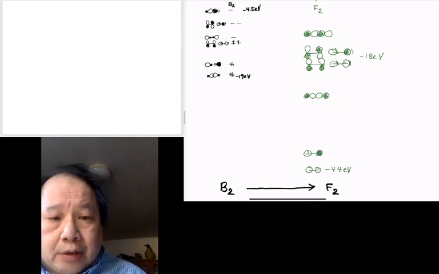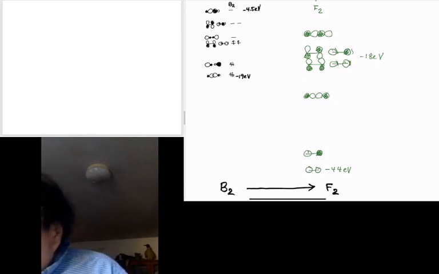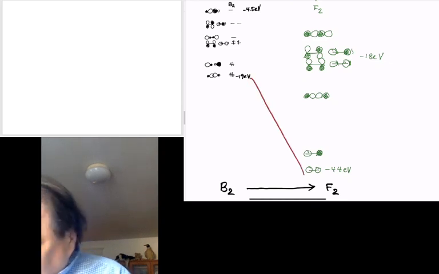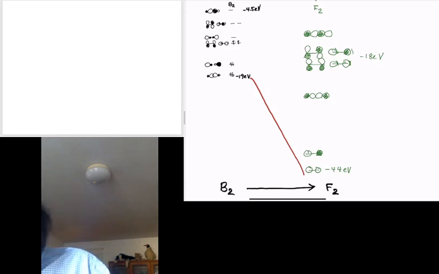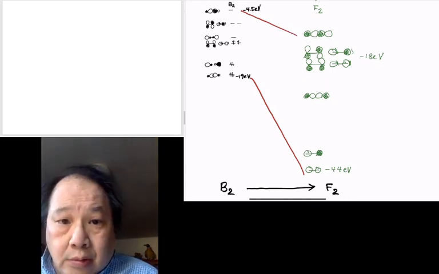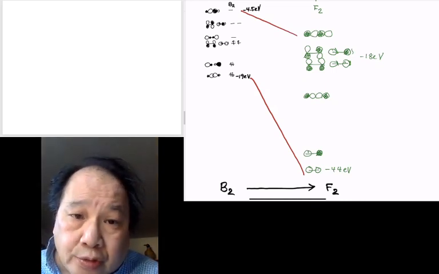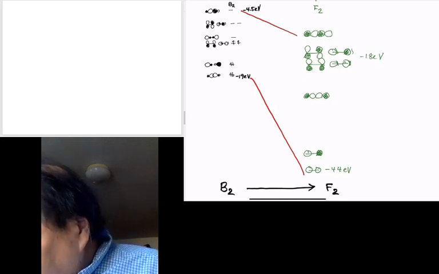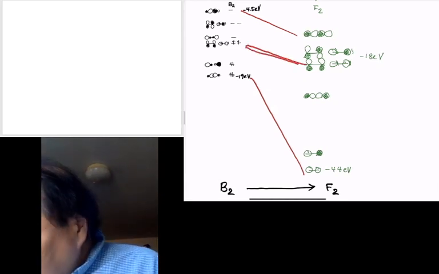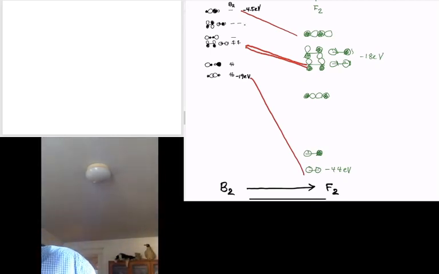The most bonding B2 orbital must turn into the most bonding F2 orbital. The most antibonding B2 orbital must turn into the most antibonding F2 orbital. The pi orbitals from B2 are going to turn into the pi orbitals from F2. The pi star will turn from B2 to F2.